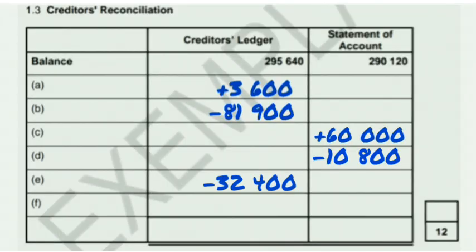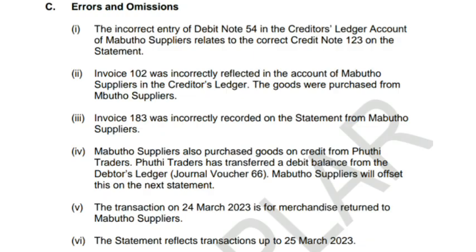So I have to minus it twice, and when I minus it twice, it gives me 32,400. So anytime you have an amount that you recorded on the wrong side, you have to record it on the correct side, but you have to do that twice. Why? Because the first recording will record the error recording that you did before, and then the second recording will be the correct recording that you were supposed to do.